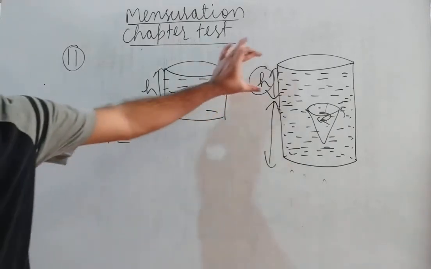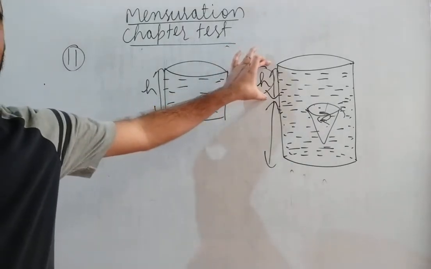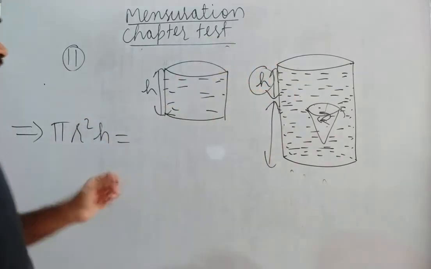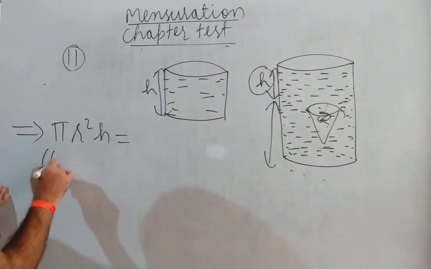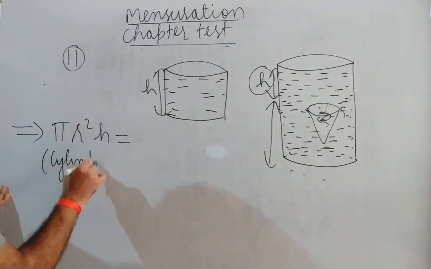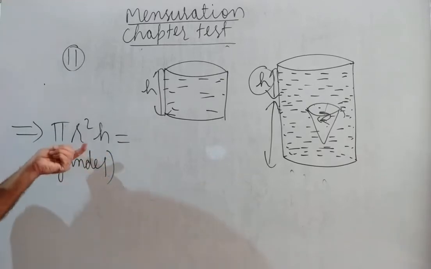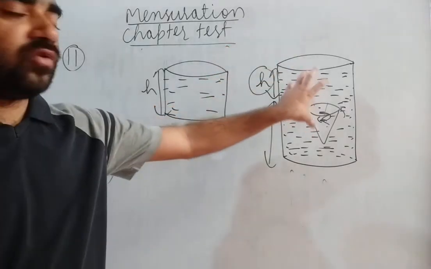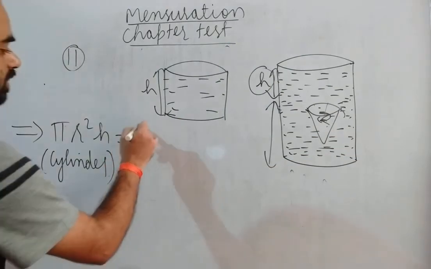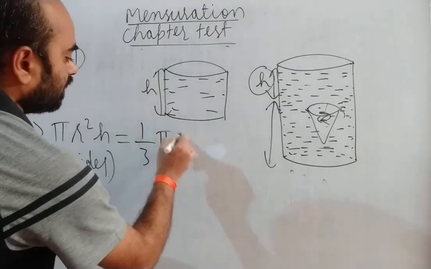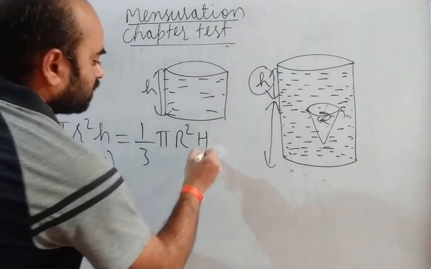Why h? We have taken h, the rise in the water level. So this is in cylindrical form in the jar. Correct? And why did this happen? Since we have lowered a solid cone. Cone means 1/3 pi r square h.